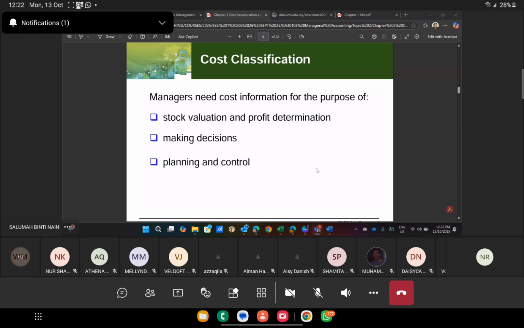Because we want to know the value of the cost of goods sold, for instance, the value of the inventories, and how about profit and loss? And from that, how are we going to decide? Are we going to proceed with this product, or are we going to drop it? Are we going to increase the selling price or reduce the price? And then we plan and control the alternatives or the actions.